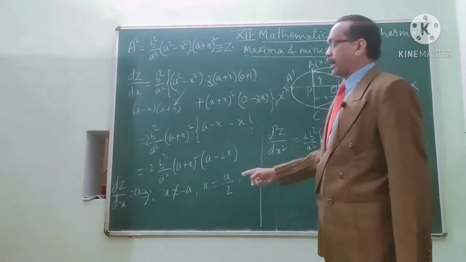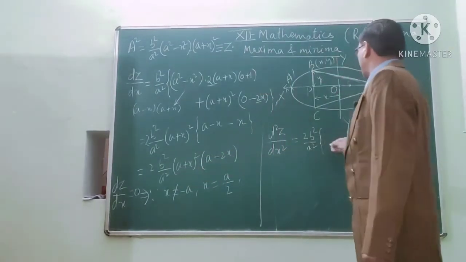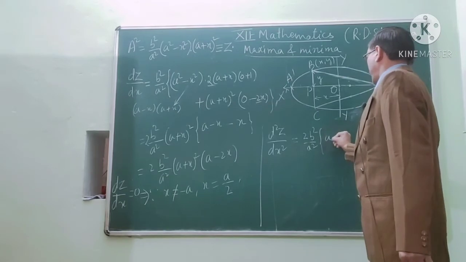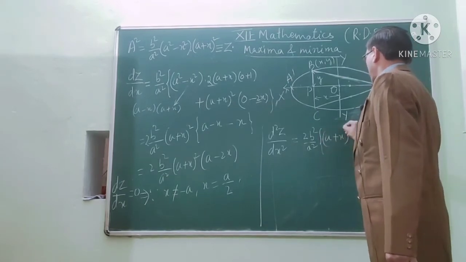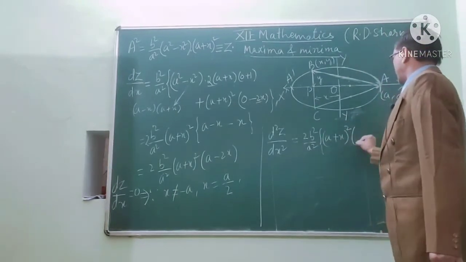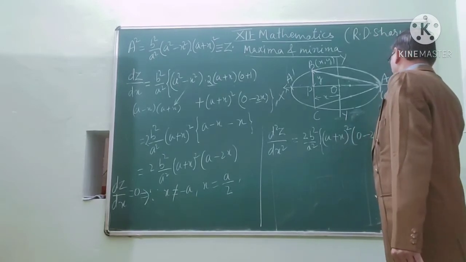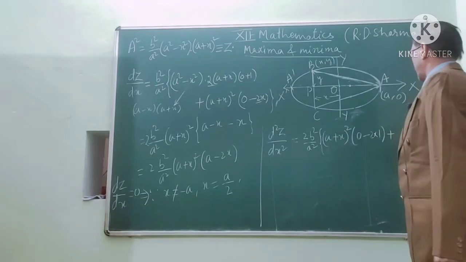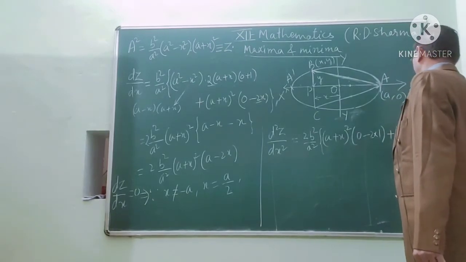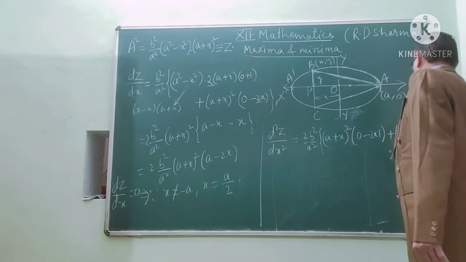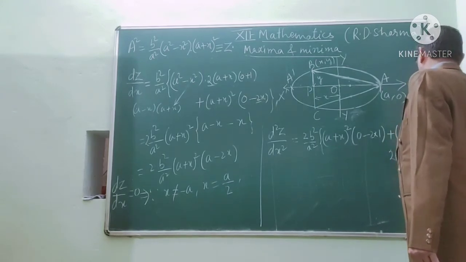Then again apply the product rule here. So a plus x whole square as it is, 0 minus 2 into 1, plus a minus 2x into 2 into a plus x into 0 plus 1 will be 1.